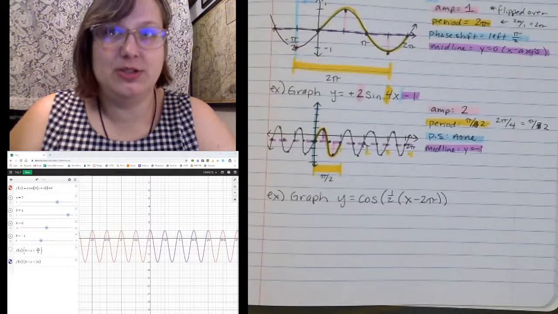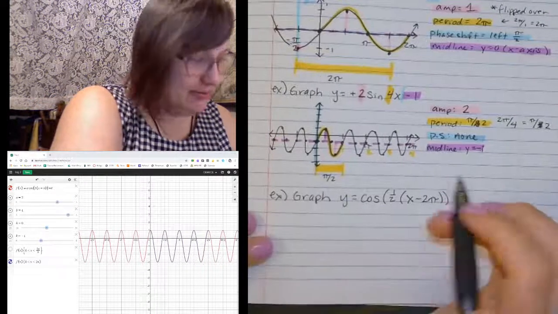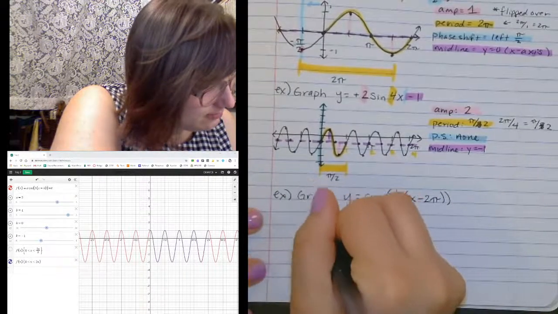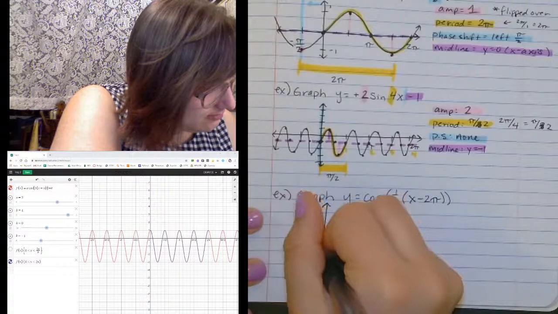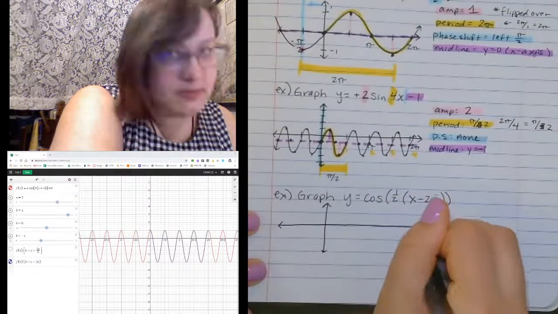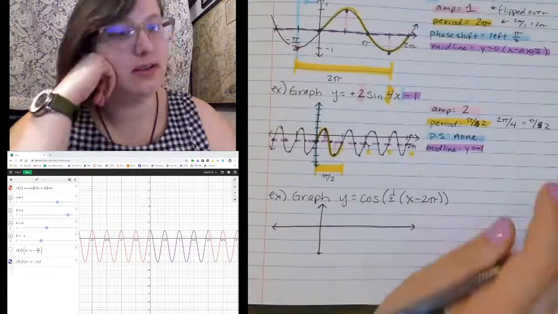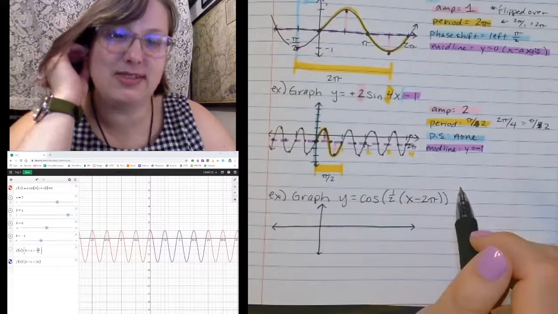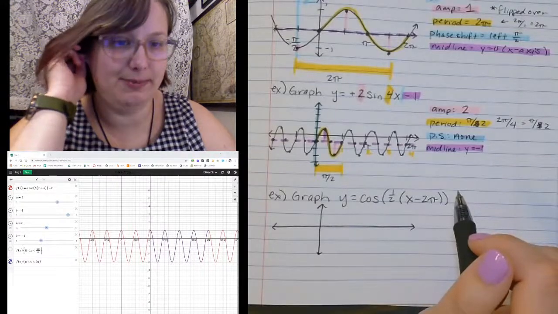Okay. Do you want to predict in your head what happens when I do a half here? So the half means I'm going to have half of one cycle between 0 and 2 pi.